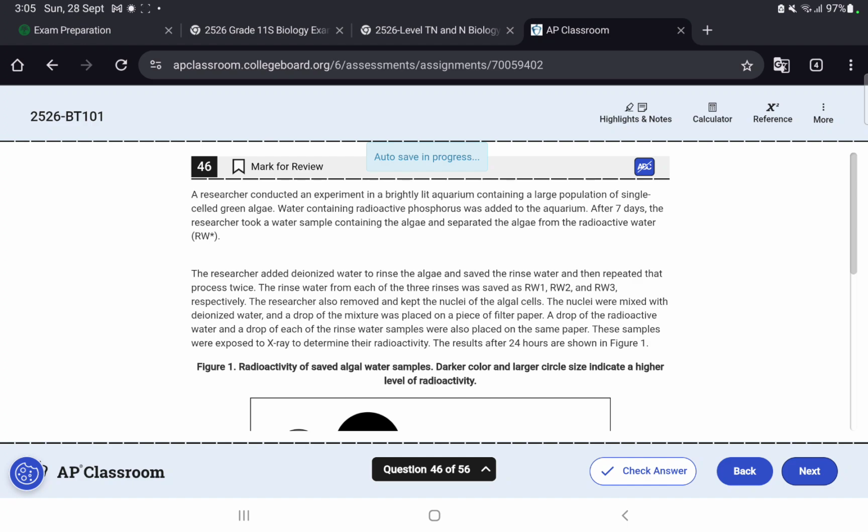The rinse water from each of the 3 rinses was saved as rinse water 1, rinse water 2, and rinse water 3. The researcher also removed and kept the nuclei of the algal cells. The nuclei were mixed with deionized water, and a drop of the mixture was placed on a piece of filter paper. A drop of radioactive water and a drop of each of the rinse water samples were also placed on the same paper. These samples were exposed to X-ray to determine the radioactivity.